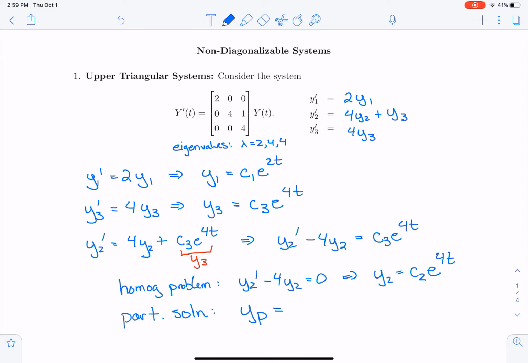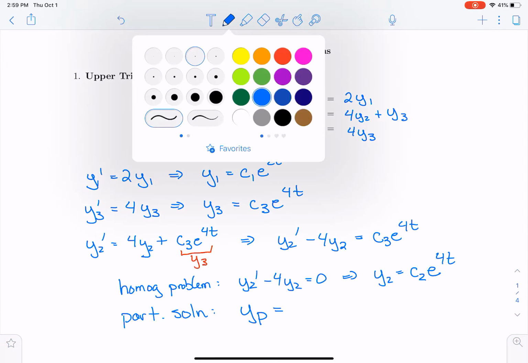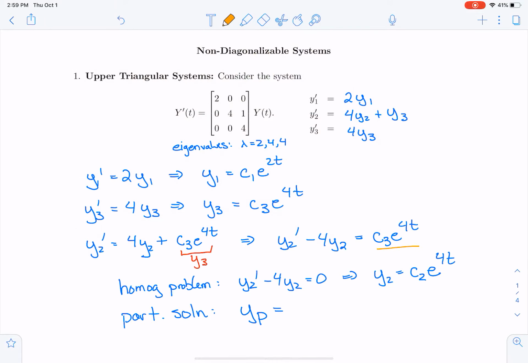We want to make it look like the form of the right-hand side of our equation. So we might write a constant times e to the 4t. But hopefully you realize that e to the 4t is already part of the homogeneous solution, so we can't just write a e to the 4t. Instead, we're going to have to write a times t e to the 4t.